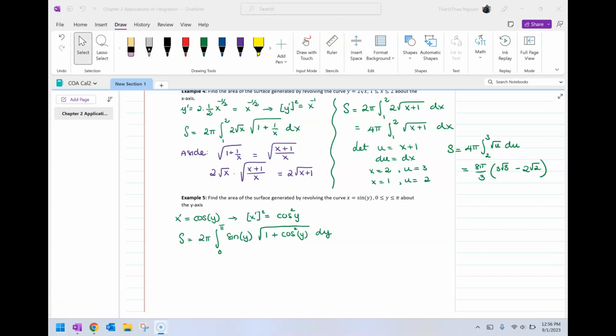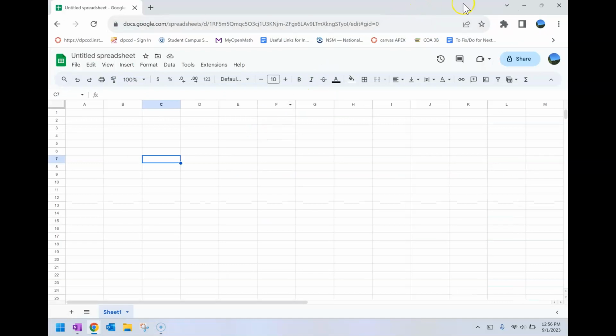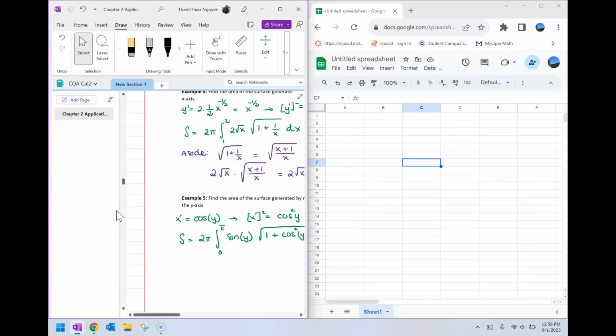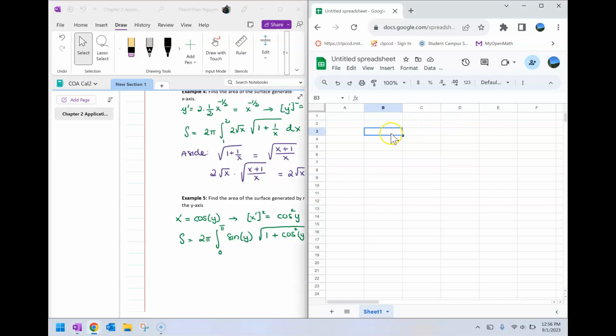Okay, so let's pull up our Google Sheet. So here's my variable y. Here's g of y. And here's my integral.